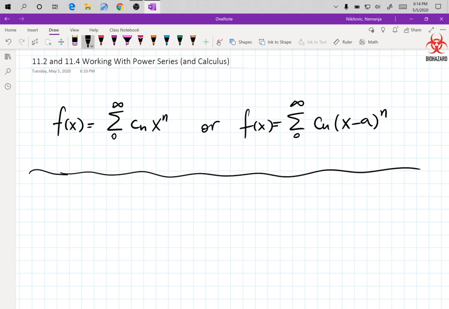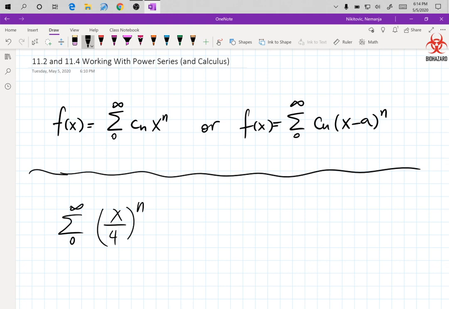So I'm going to start with an example that is not given in the book, and then we'll take the three examples that are really good examples in the book. But let me start with the example that is not in the book, and that's going to be x divided by 4 to the n from 0 to infinity, right?